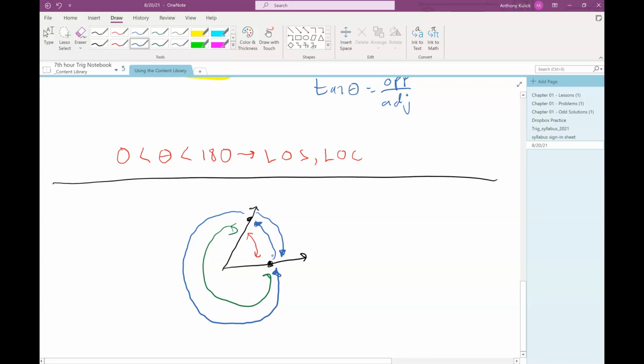Now, if we're going to be communicating with somebody, it's going to be much easier if we've agreed on that, like, hey, when I say turn this many degrees, we're always talking about turning to the left that many degrees, versus turning this many degrees to the left and then this many degrees to the right, where it's constantly like, which angle am I talking about?